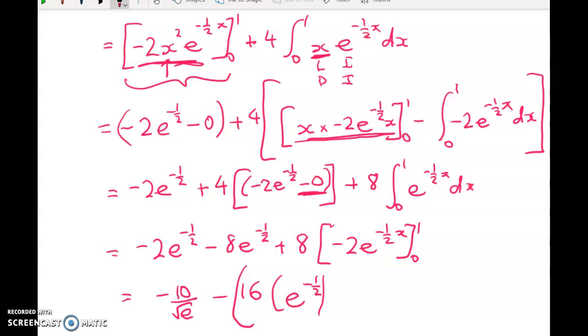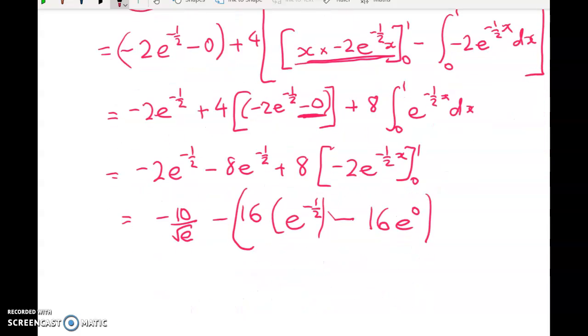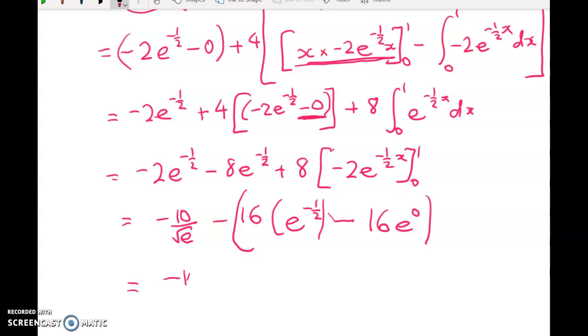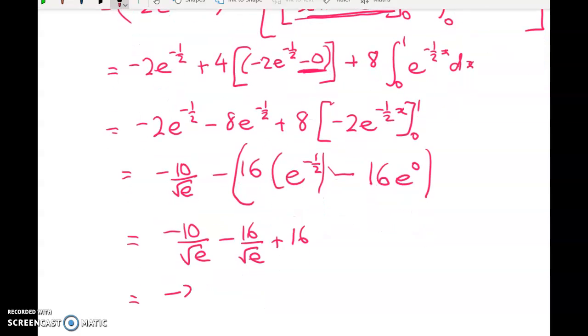And then we've got minus 16 e to the 0 for the bottom one. So that's negative 10 over root e minus 16 over root e plus 16, which gives us negative 26 e to the negative a half plus 16.